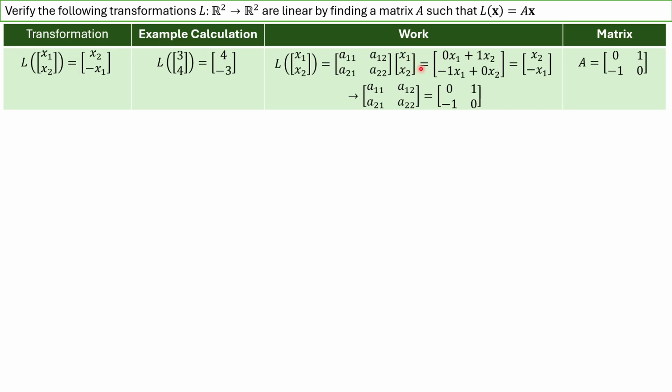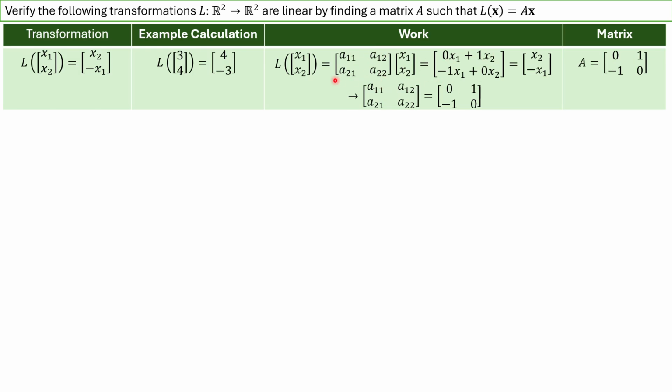That ends up being, by this transformation, x2, negative x1, but let's look, what is this really? x2 is 0 x1s plus 1 x2. Then negative x1 is negative 1 x1 plus 0 x2. If we were to multiply these out, the top row should be A11 x1 plus A12 x2. That's supposed to equal this, which means A11 is 0 and A12 is 1.